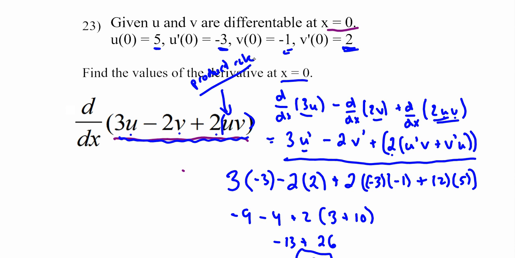The product rule, as we stated before, is the derivative of the first function, which is u prime, times the second function, plus the derivative of the second function, which is v prime, times u. And we can do that if we set it up and add them together. Well, I hope that helps you out with the product rule. Try some problems on your own, and we'll do some more in the future.